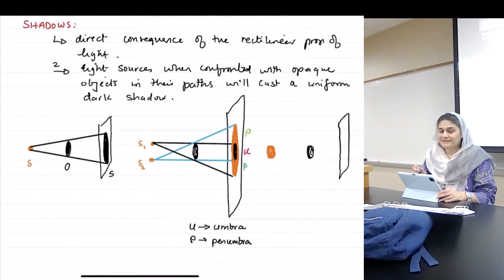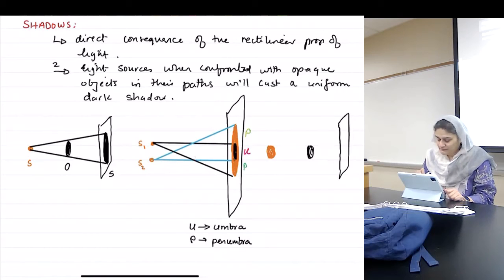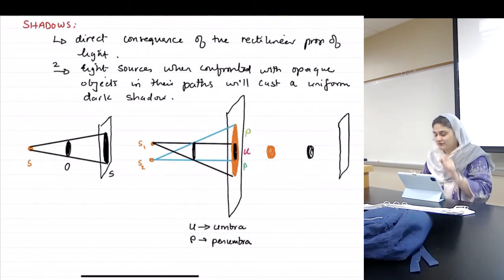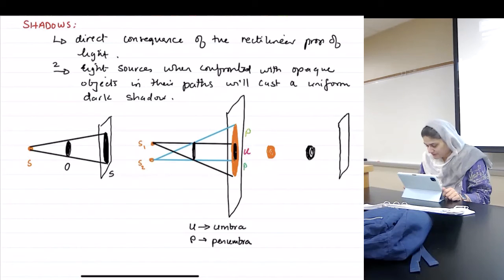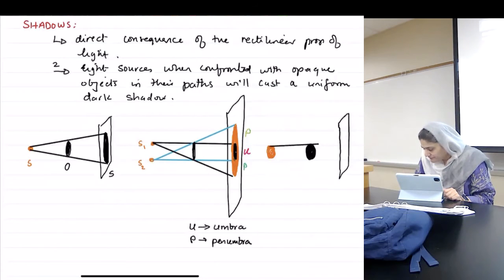So now that we have an extended source, actually I should have drawn this with a straight line. This should be thinner to make sure that this is thicker. In this case, we will have one ray that goes like this, and the other ray that goes slightly over, but not too much.